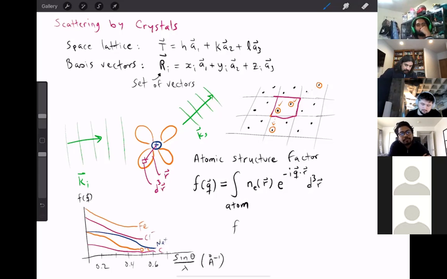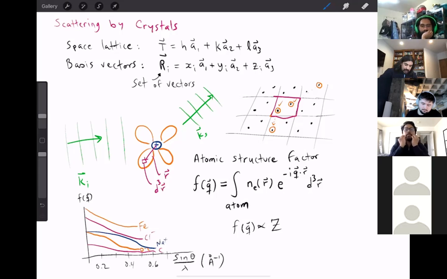The most important thing is that f of Q is proportional to the atomic number, the charge of the system, right? So for instance, iron is way higher than carbon. Why? Because iron has way more electrons.